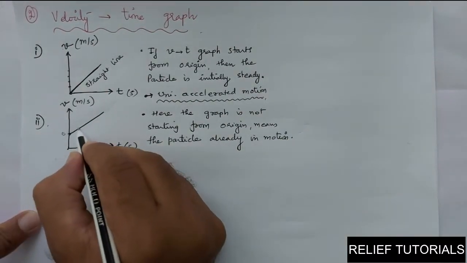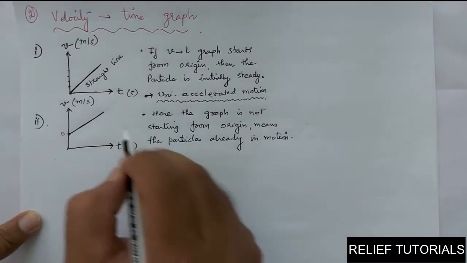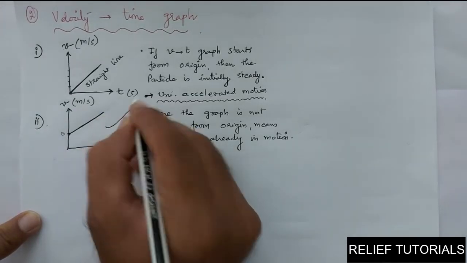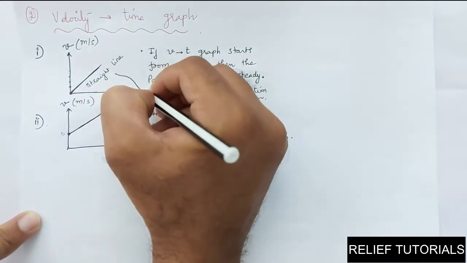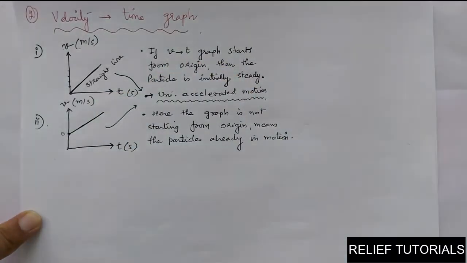And because it's a straight line, it again means uniform accelerated motion. So both these straight lines indicate uniform accelerated motion.